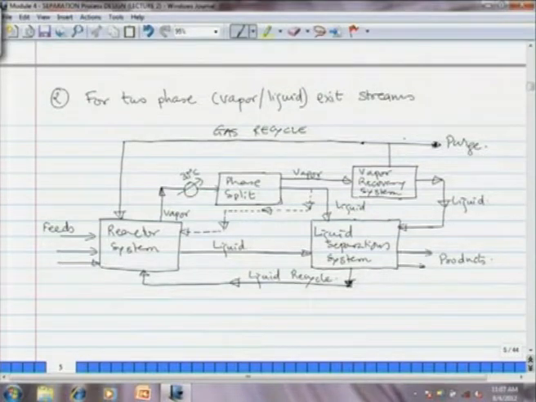The output of the vapor recovery system is non-condensable gas, which is either recycled or purged, and the liquid separation system will generate again a liquid recycle stream. So, this is how we can write a general structure of the vapor-liquid separation system.